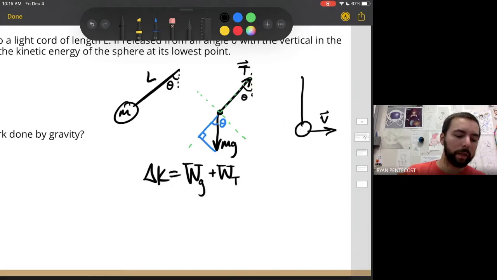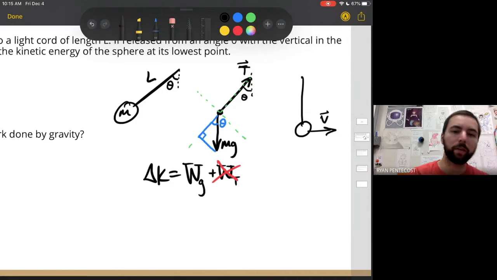Well, as we're looking at this, we can see that the tension is at a right angle to our displacement. It's also a right angle to our kinetic energy. And if anything is at a right angle in kinematics or in work or in energy, it's not going to affect what it is perpendicular to. So we can actually disregard the work done by tension.